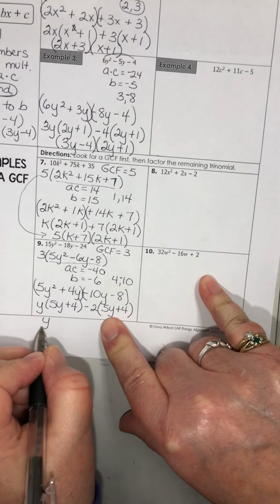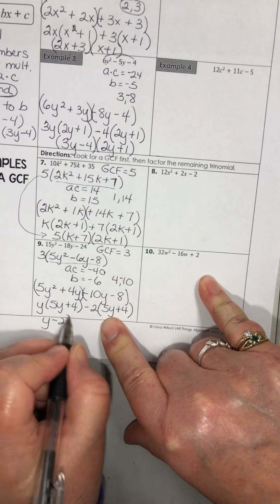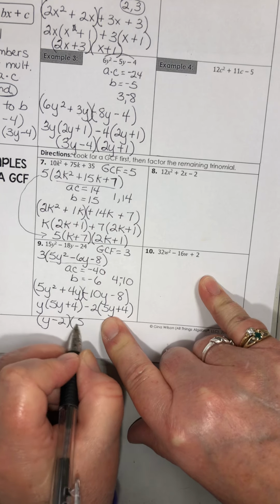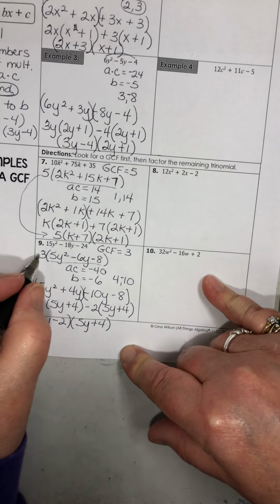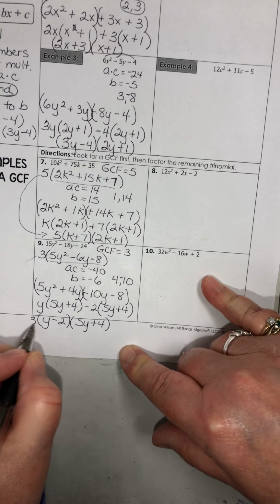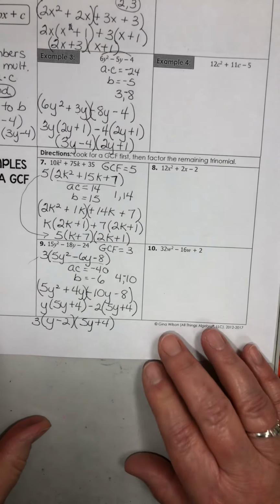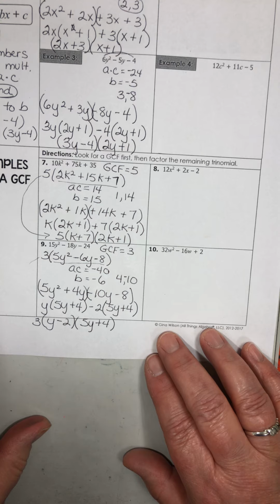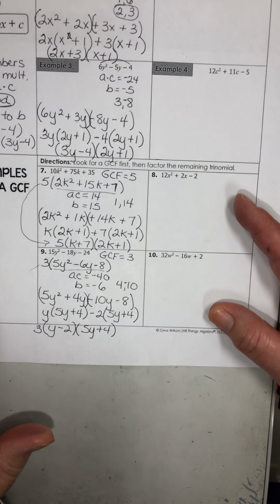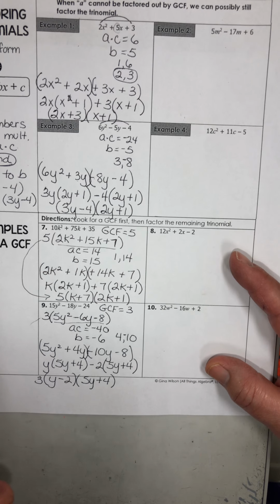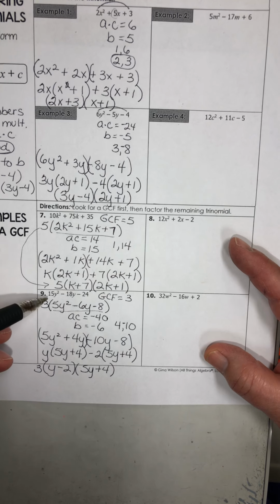So our two factors are y minus 2 times 5y plus 4. And don't forget to bring down that greatest common factor that goes on the outside. And that's how we are going to factor polynomials, trinomials actually, with an a that is greater than 1.